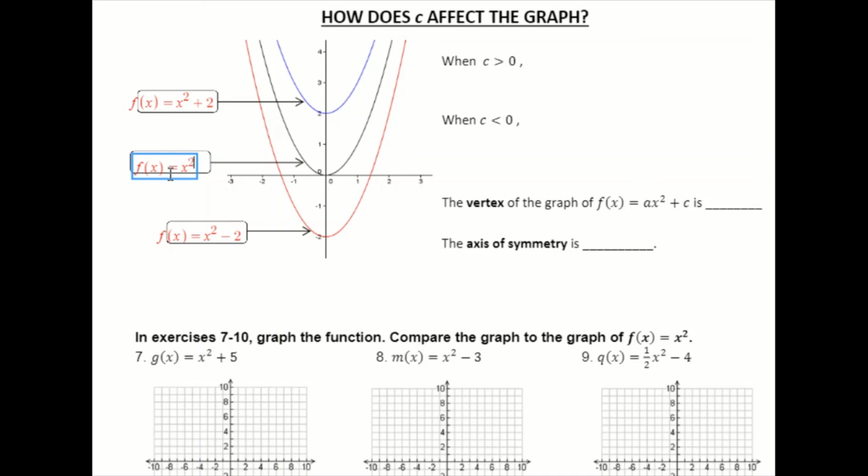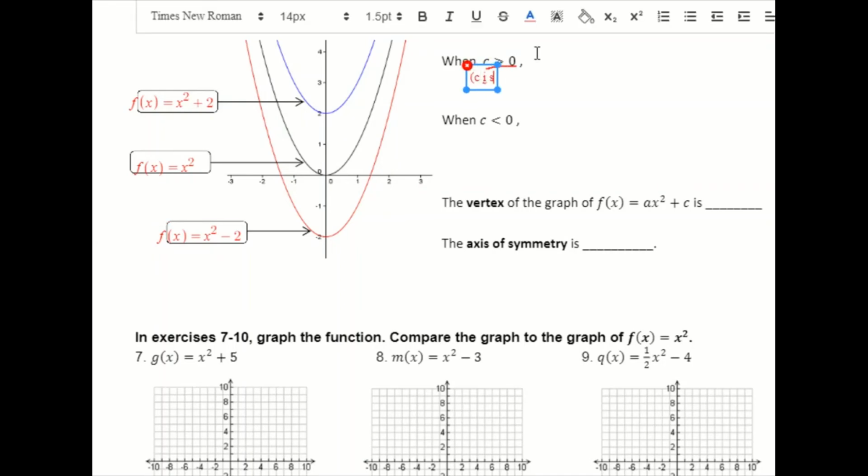Now, just to further establish this, if your c value is positive, so when I say c greater than 0, what I really mean is c is positive. Then the way you're going to describe the graph is that it's been shifted up.